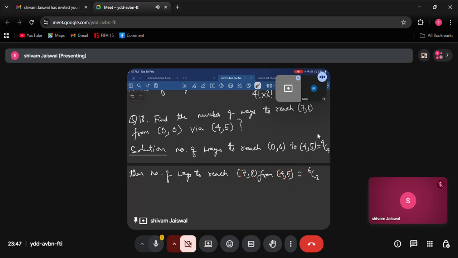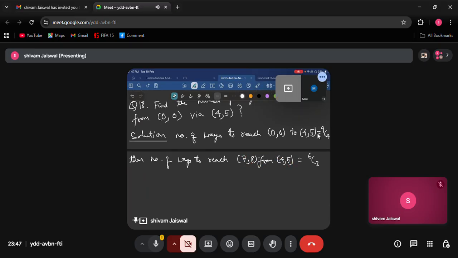In total 6 paths you have to take. Out of 6 paths, it should be 6C of 7 minus 4 or 8 minus 5, whichever you take. Is it clear? Total number of ways is equal to 9C4 into 6C3.